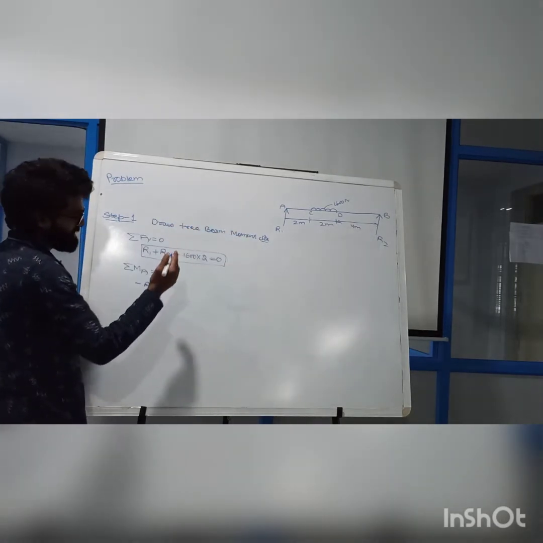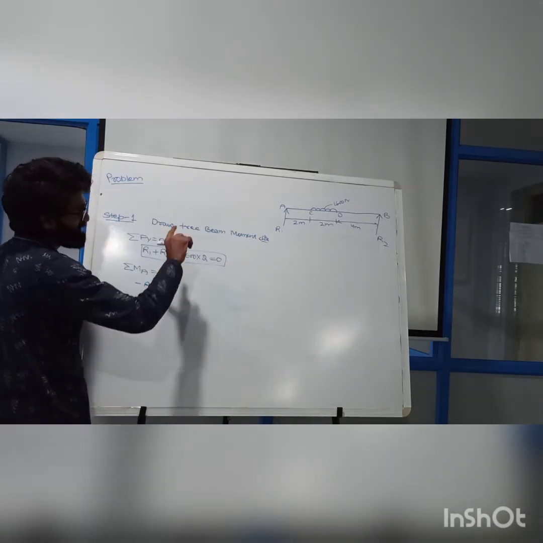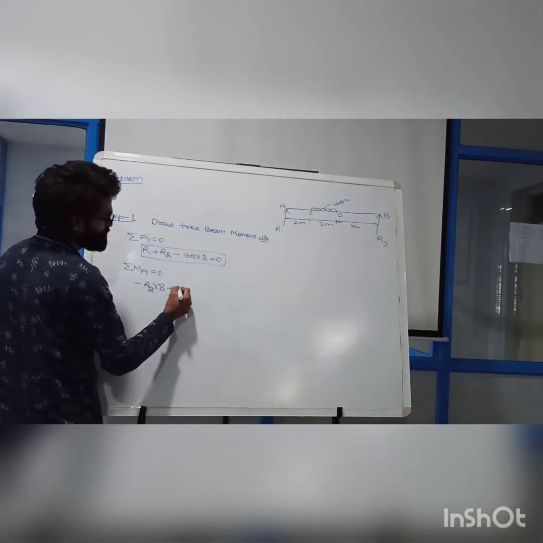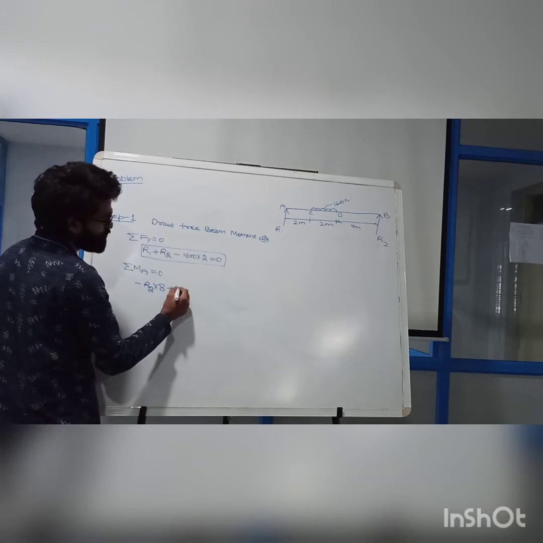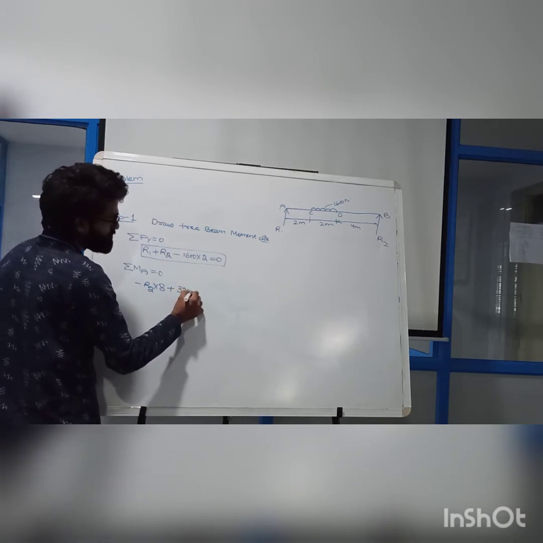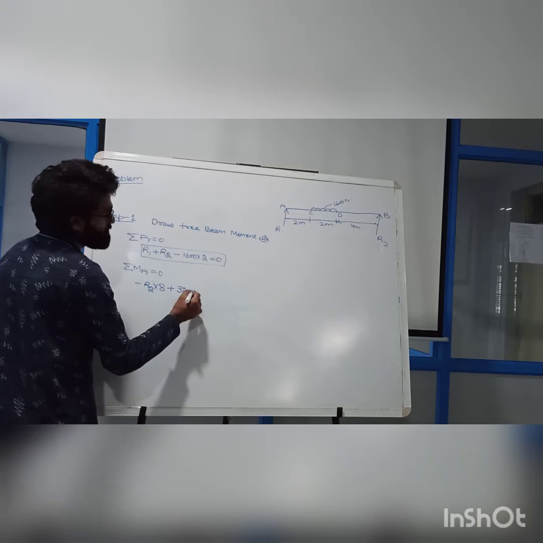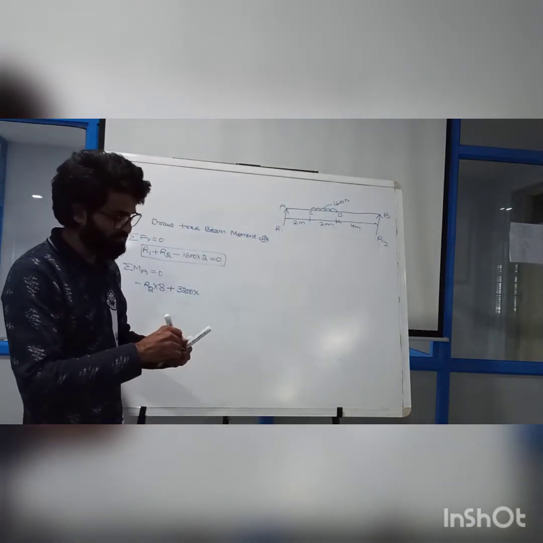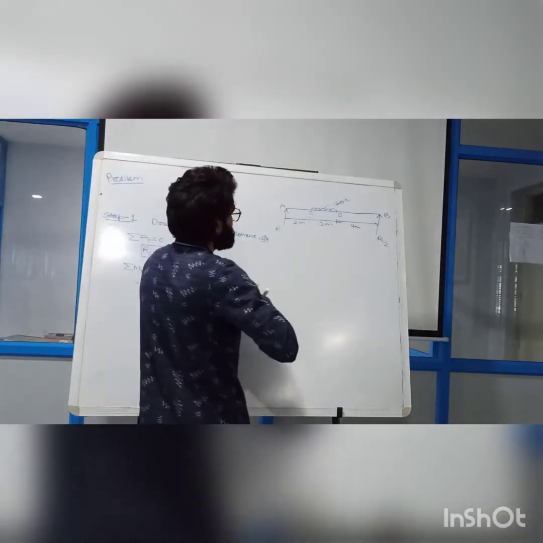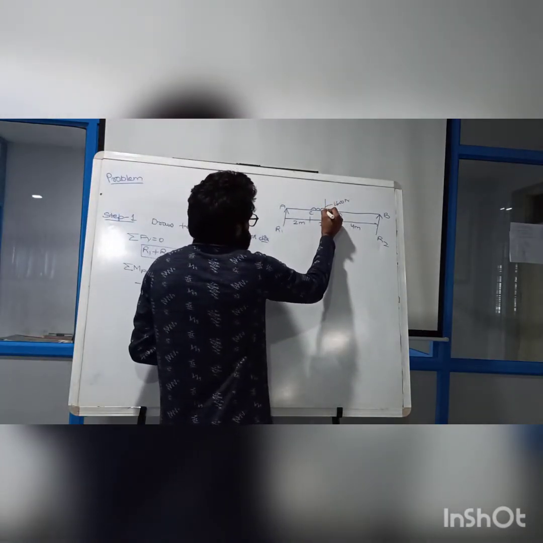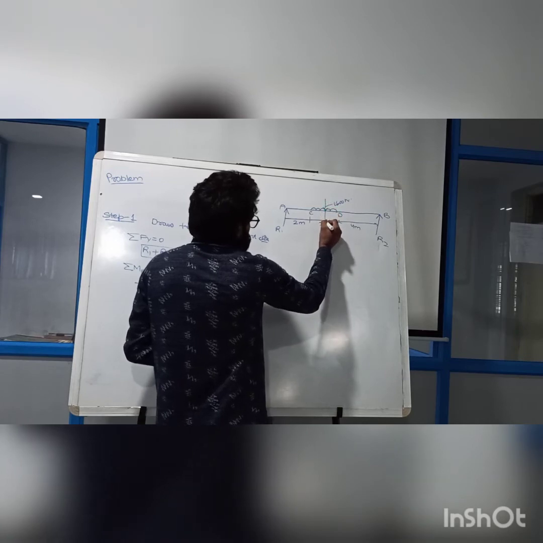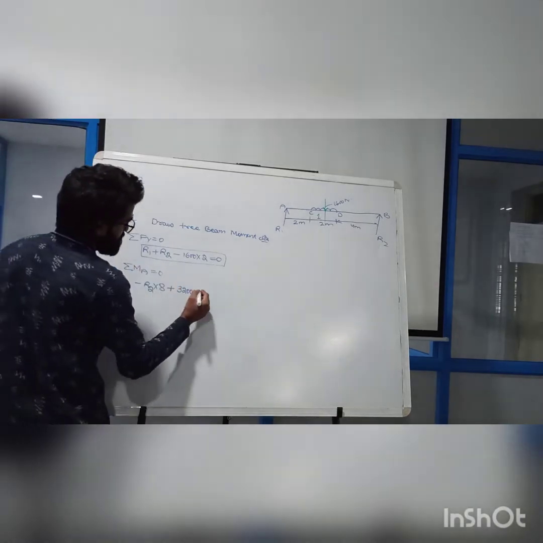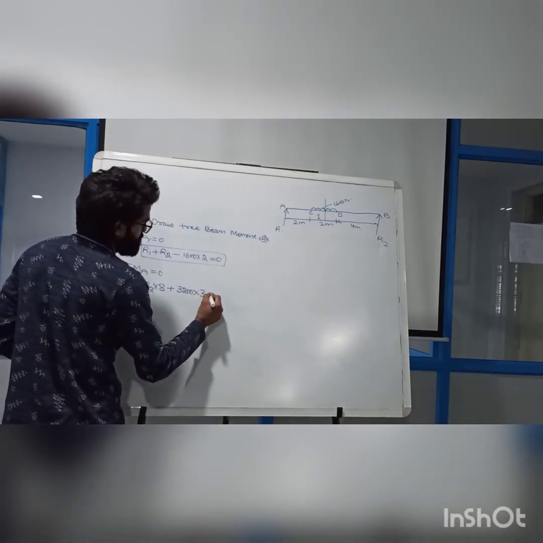The UDL is acting in the clockwise direction, and clockwise means plus. How much UDL is acting? 1600 into 2, that is 3200, into what distance? It is acting at the half distance, because this is the UDL. So half, how much is it? This is 1 and this is 2, so 1 plus 2 is 3.